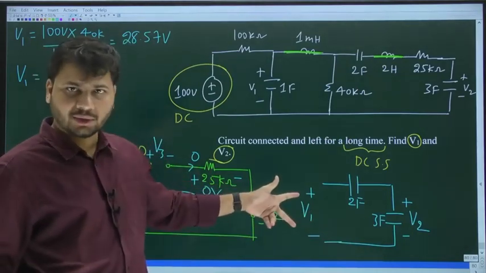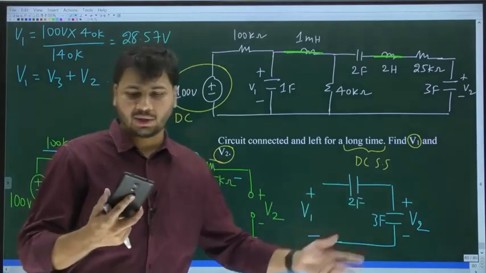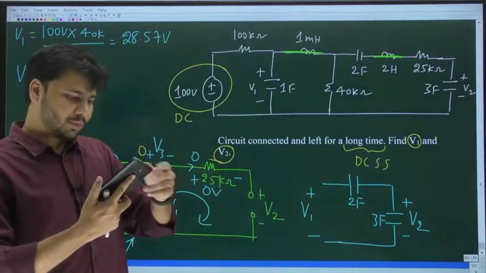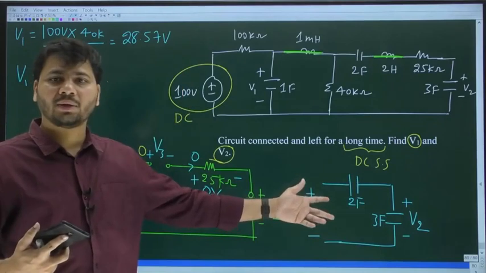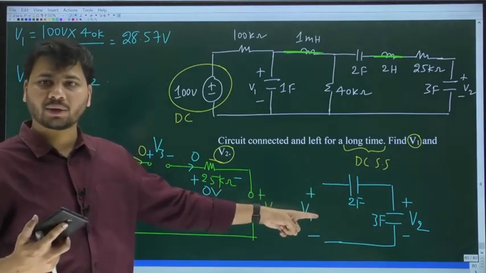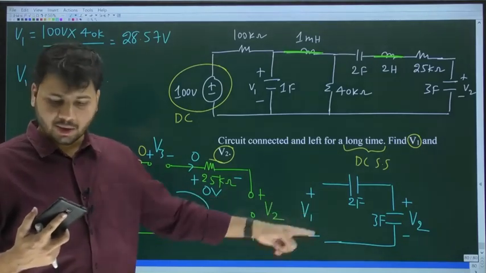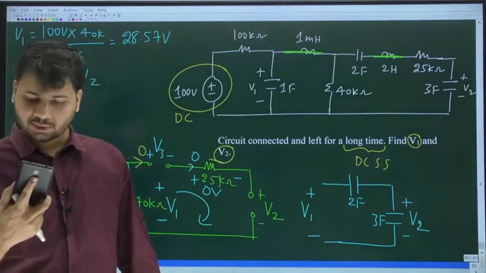We have this voltage drop, and then across this voltage drop we have 2 capacitors in series. Can you please tell me what will actually take place in this blue color network?